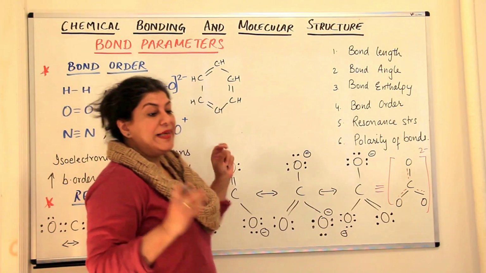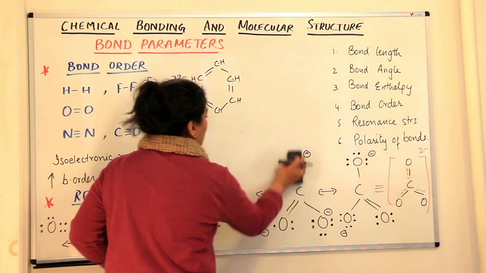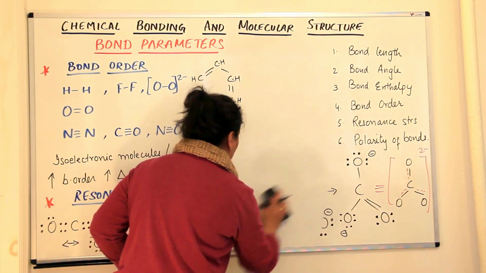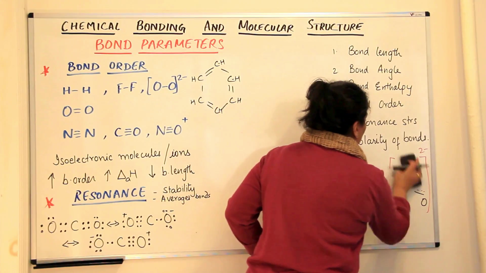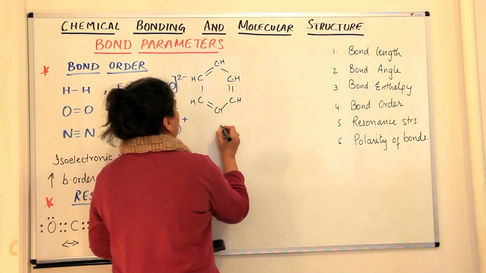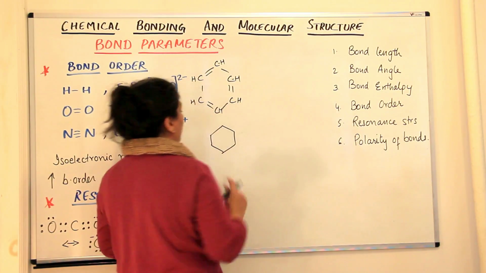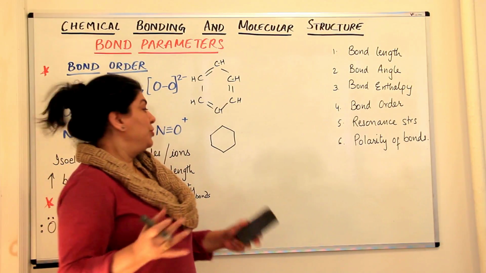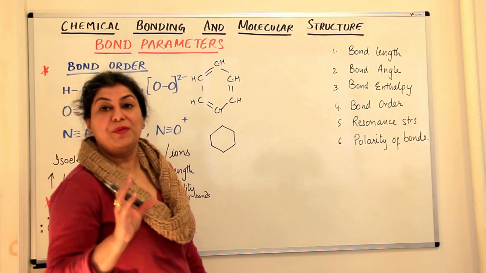This structure is usually condensed and we make a smaller structure, and I'll just show you how that looks. And we draw their canonical forms. If you assume that, okay, we just make this structural formula. Each corner of the hexagon is a carbon atom, and we assume that the student already knows the number of hydrogens and all we are concerned about is the bonds.